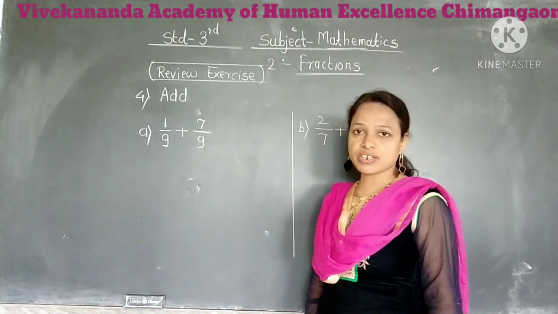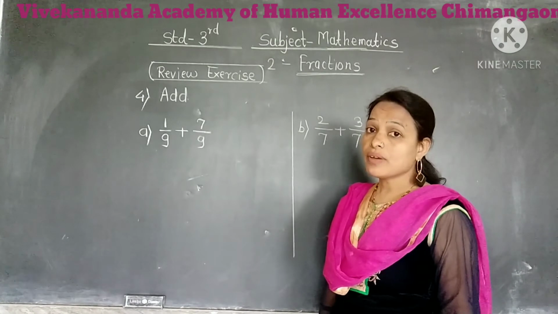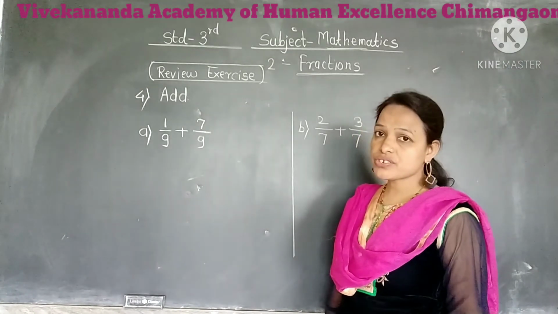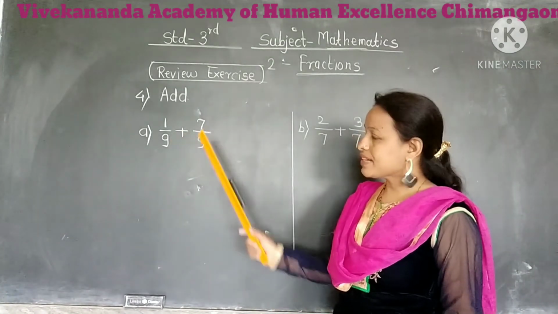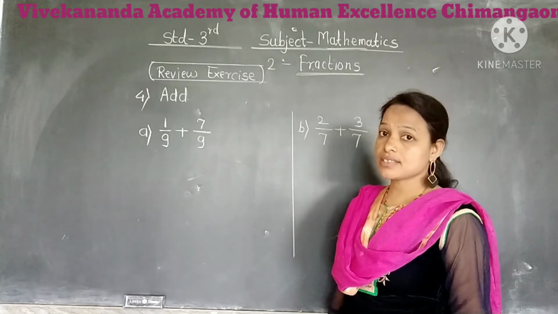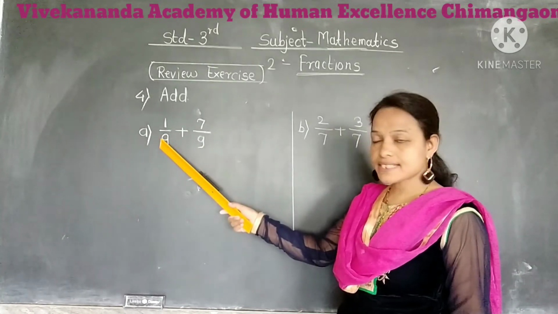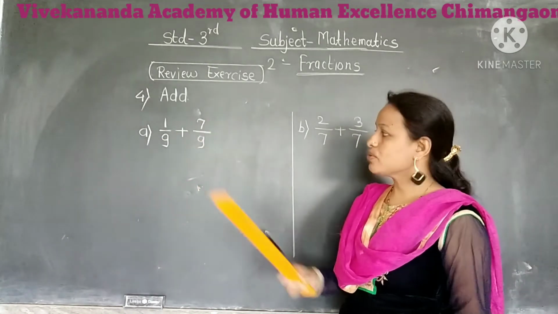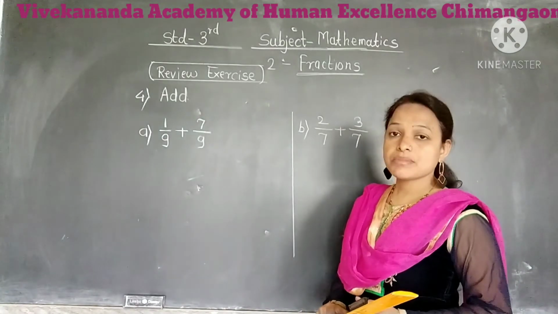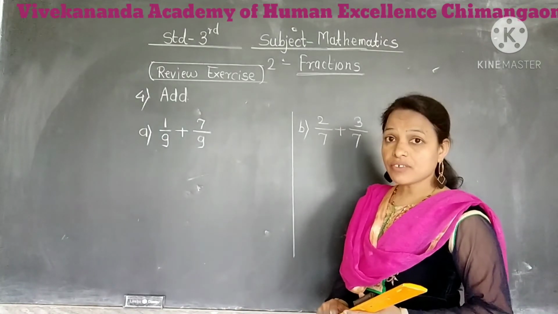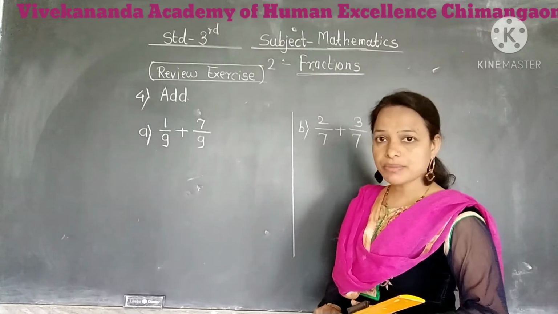These are like fractions. We call them like fractions because these fractions have the same denominator. 1 upon 9, its denominator is 9, and 7 upon 9, its denominator is 9. These are like fractions, having the same denominator.